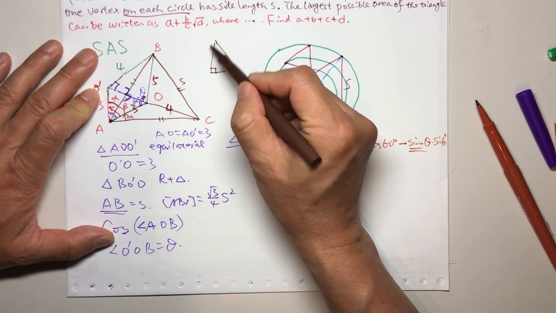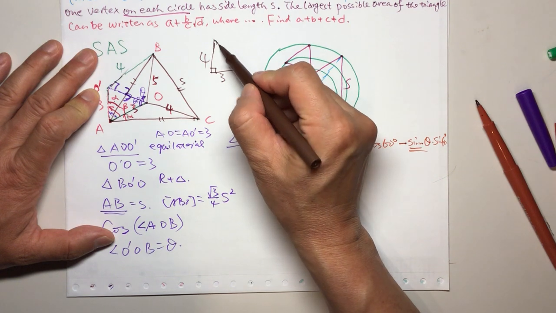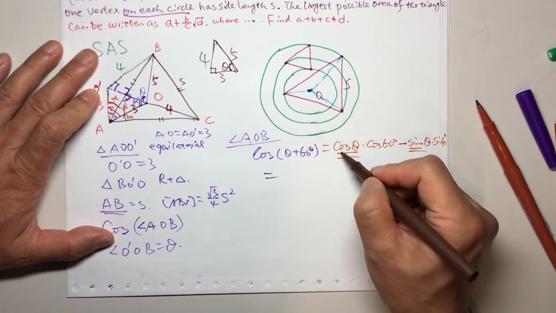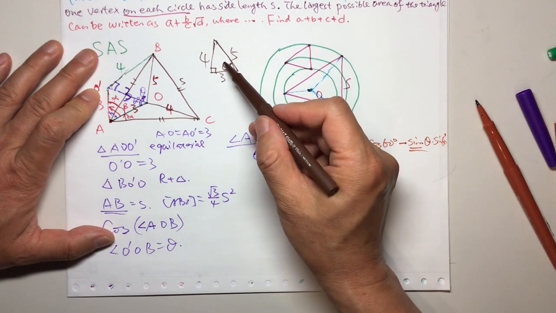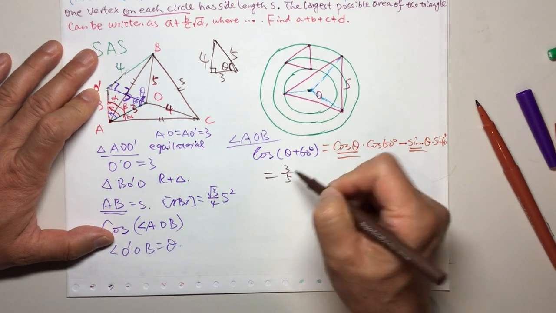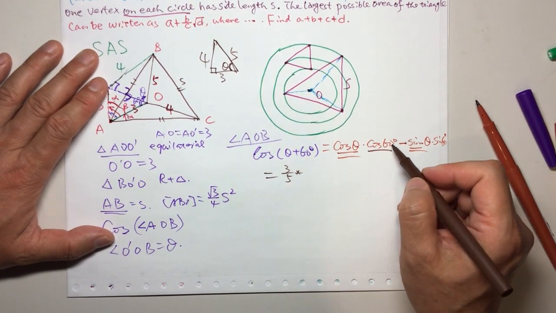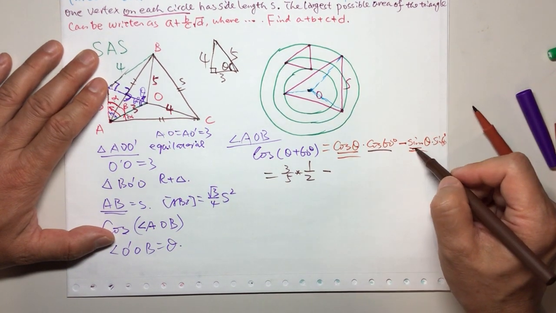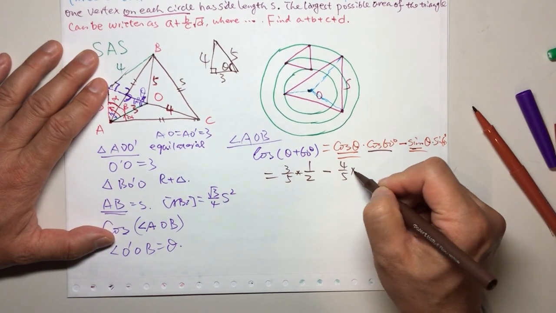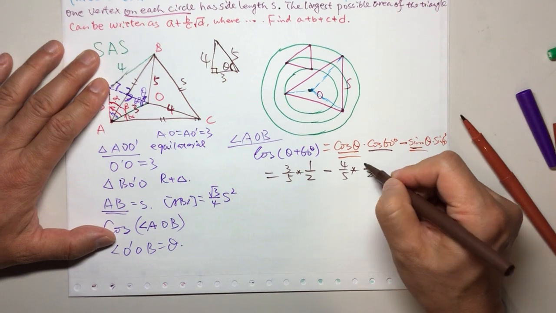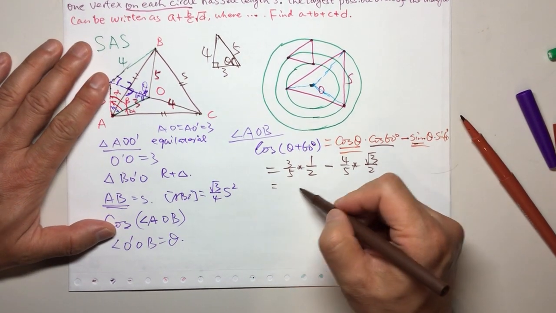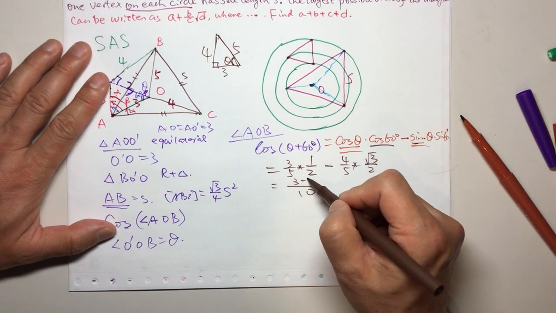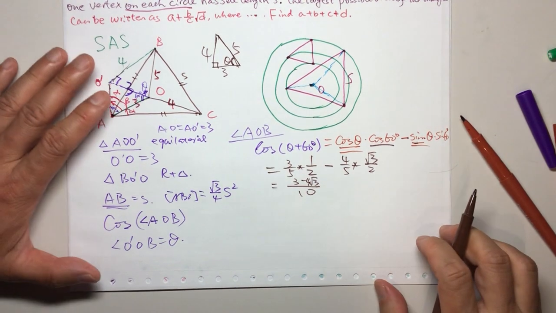We know this is 4, this is 3, this is 5, and this is angle theta. So cosine theta is 3/5, times cosine 60 degrees, which equals sine 30 degrees, minus sine theta, which is 4/5, times sine 60 degrees. So we get 3 minus 4 times square root of 3, over 10.